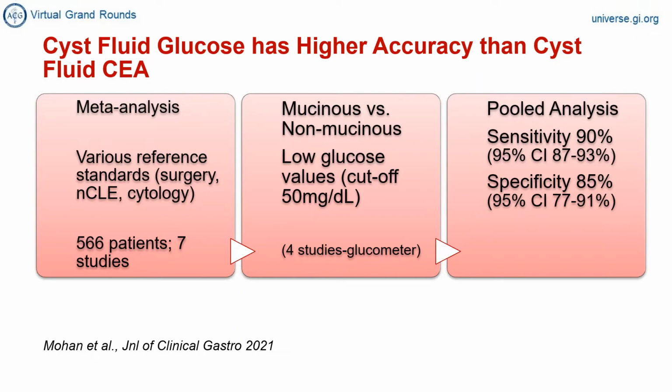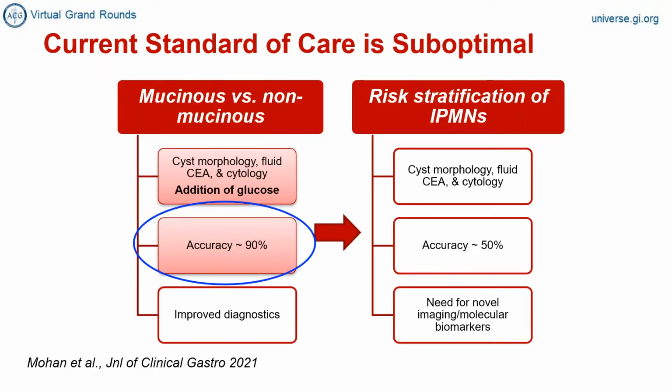So glucose can accurately differentiate cysts into mucinous versus non-mucinous, and the cost of the test is economical compared to using more advanced diagnostics. So I would say if you add glucose to current standard of care, you can theoretically bump the accuracy to 90% in differentiating mucinous and non-mucinous cysts.